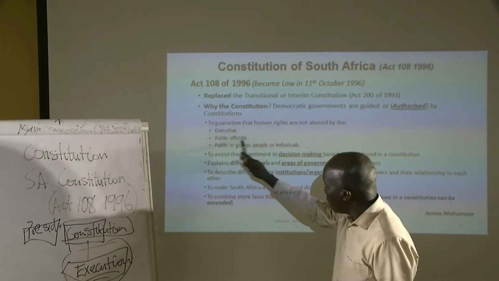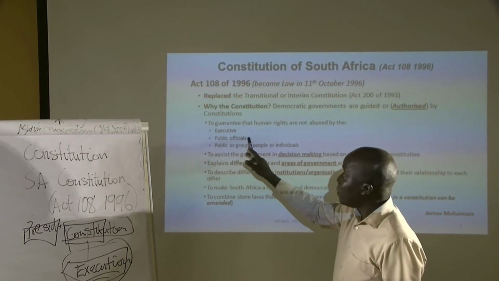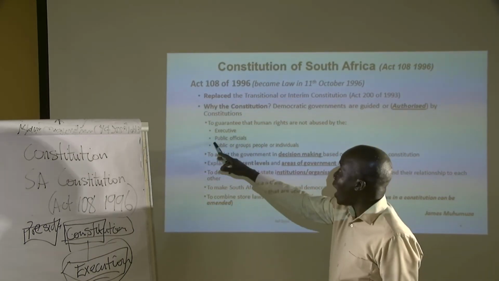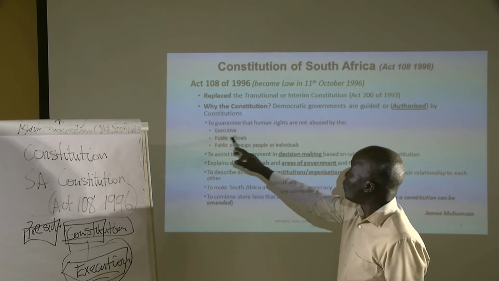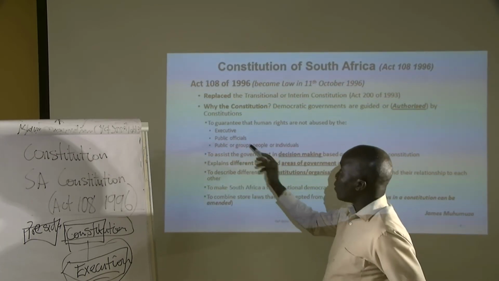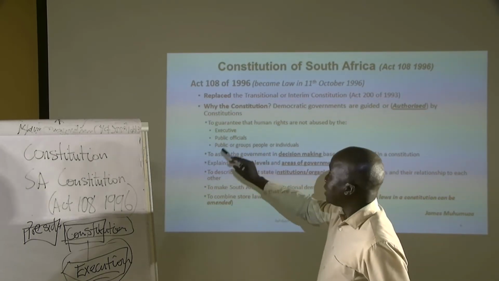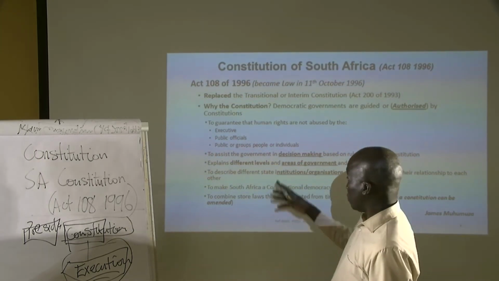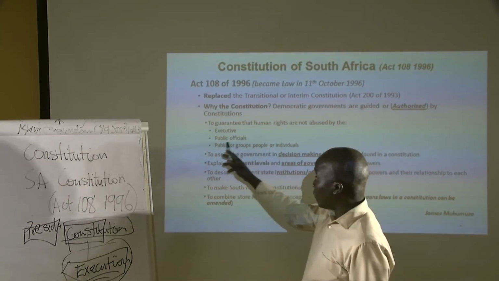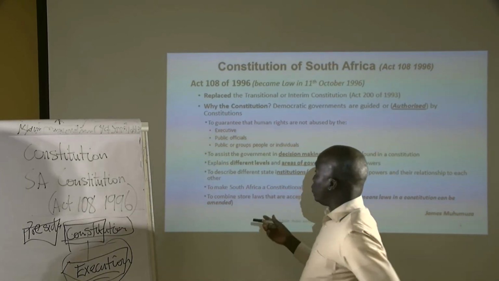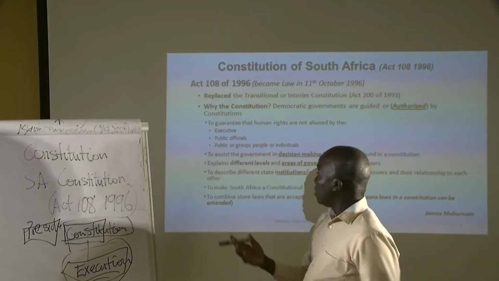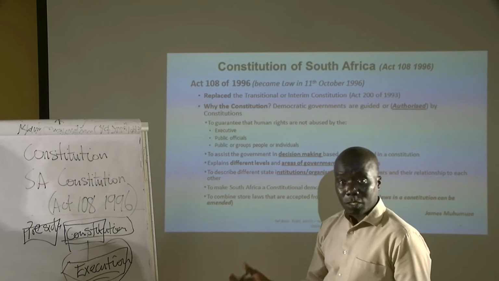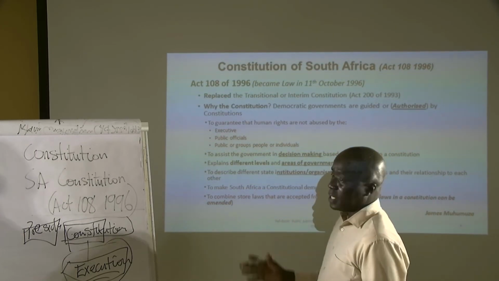So the Constitution guarantees that human rights are not abused by public officials. The moment you are corrupt, you are abusing the rights of your community, the rights of the country, by taking a bribe.